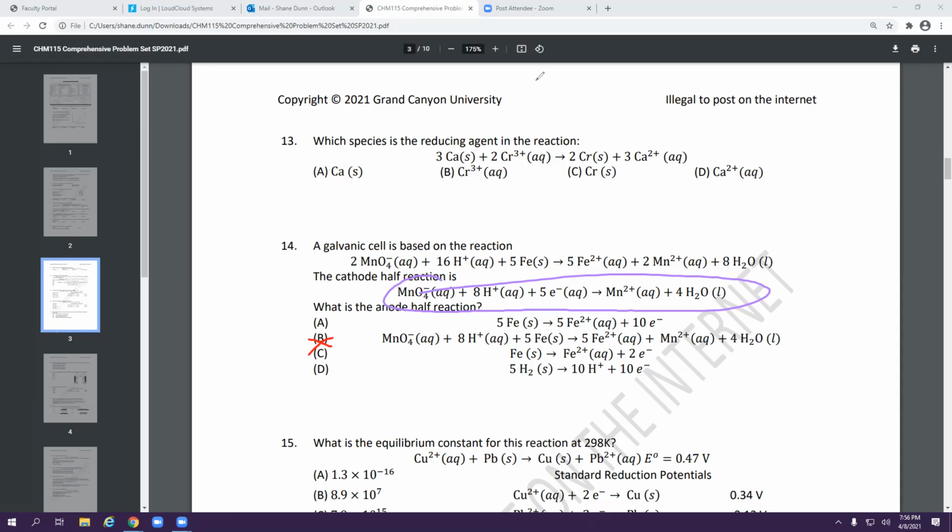Second, if you look, besides the water and hydrogens and the electrons, do I have any numbers in front of my magnesium? So half reactions do not have numbers there. 14 is C. They don't have numbers in there until you combine them together, because that's how you make them equal each other. When you look at a half reaction, remember this is what scientists see.